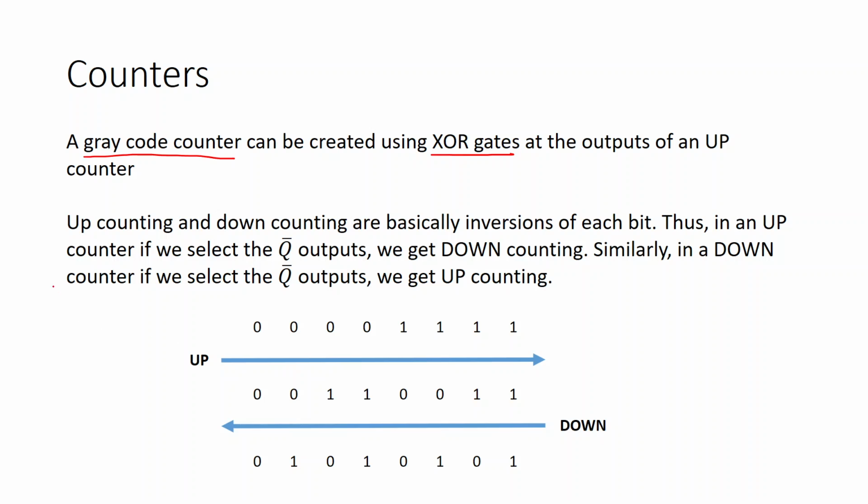Now we try to understand what is happening in up counting and down counting. You see these numbers, 000, 001, 010 and so on, binary numbers written in order. The LSB is always changing, and at every stage the operation is simply inversion of a bit.